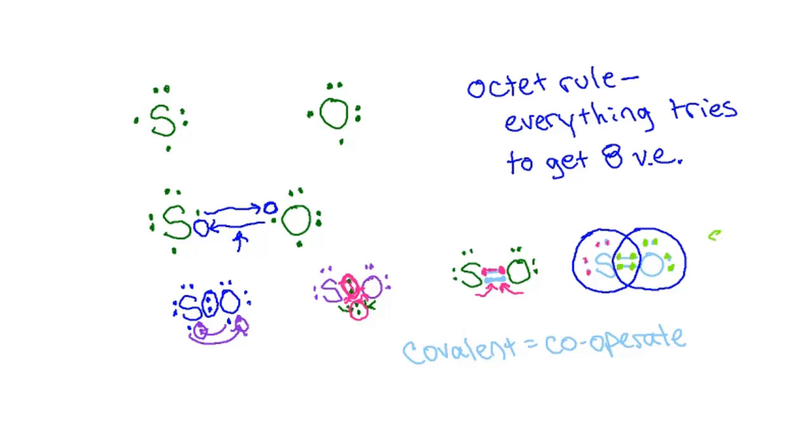You're going to draw this double bond, and this is called a double bond because obviously there's 2 of them. There's 2 bonds. And these are called covalent bonds because they've cooperated and they're sharing their electrons so they can each have 8. Okay, so that's a covalent bond.